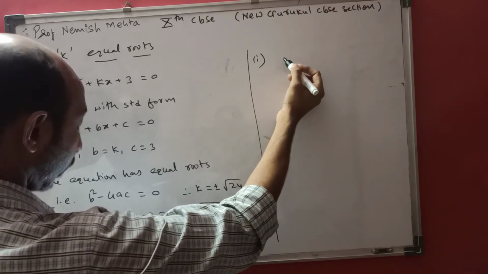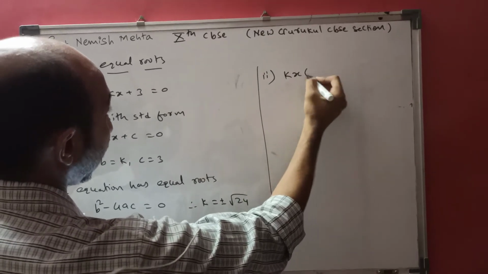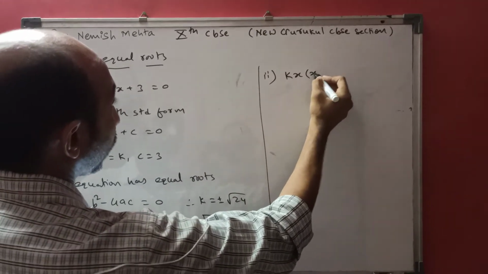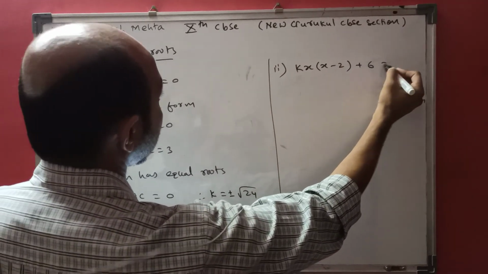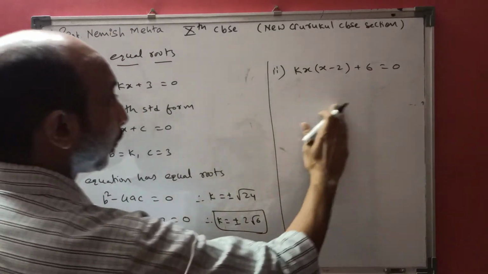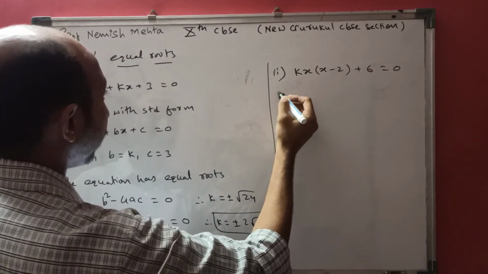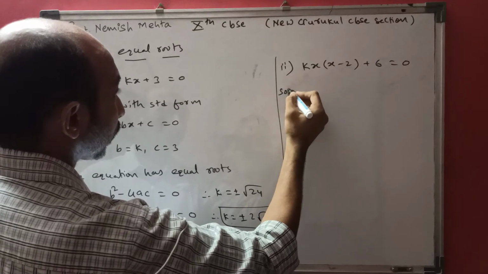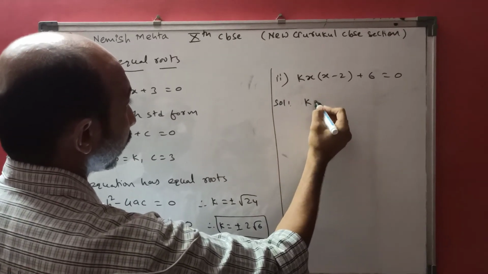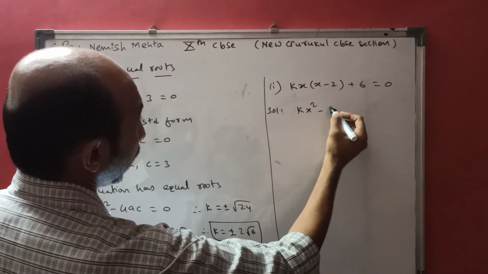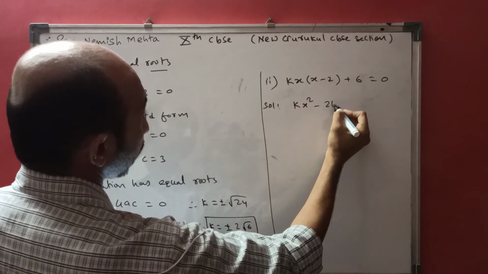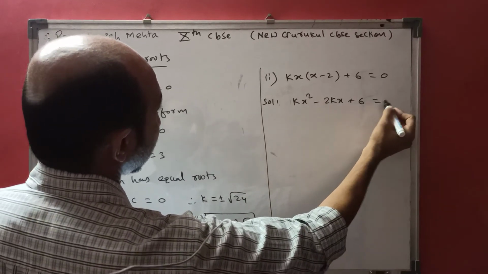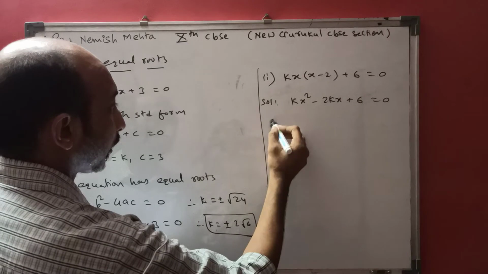Start. Question number 2. kx into x minus 2 plus 6 equals to 0. We'll open the bracket first and then we'll compare. So k into x will be kx square minus 2kx plus 6 equals to 0. Getting it?